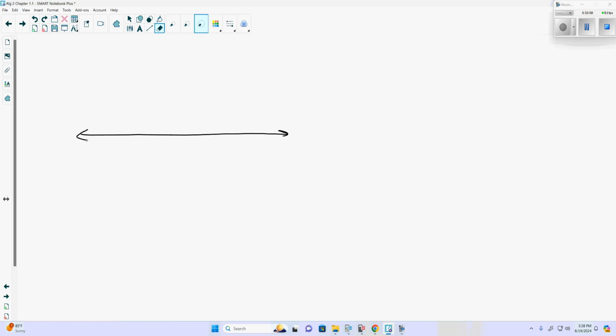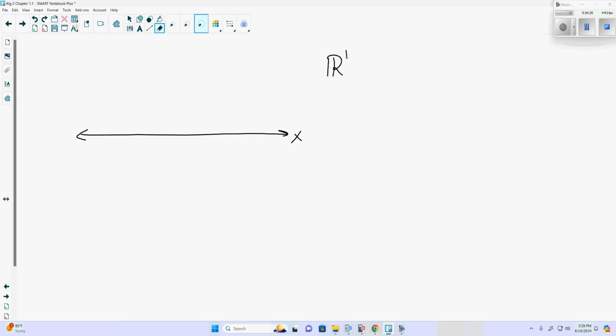Now, a number line, we can call it X. In our notation, or kind of higher level math notation, we say R1. R1 would be considered a number line. You don't have to write this down if you don't want to. Now, again, this is talking about subsets.